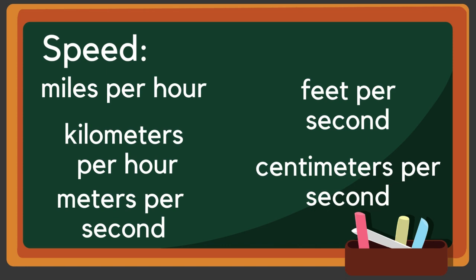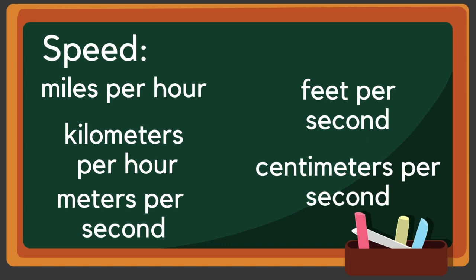The unit for speed is kilometers per hour, and the abbreviation is km per h, or kph. The unit for speed is meters per second, and the abbreviation is m per s.